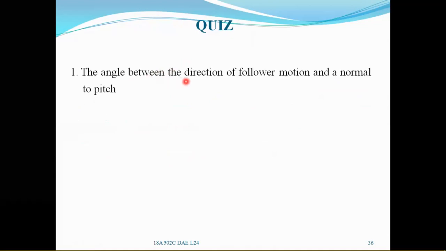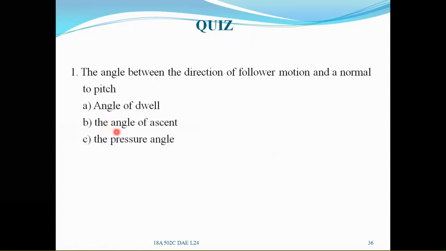The angle between the direction of the follower motion and a normal to the pitch curve is called angle of dwell, angle of ascent, pressure angle, or angle of descent.